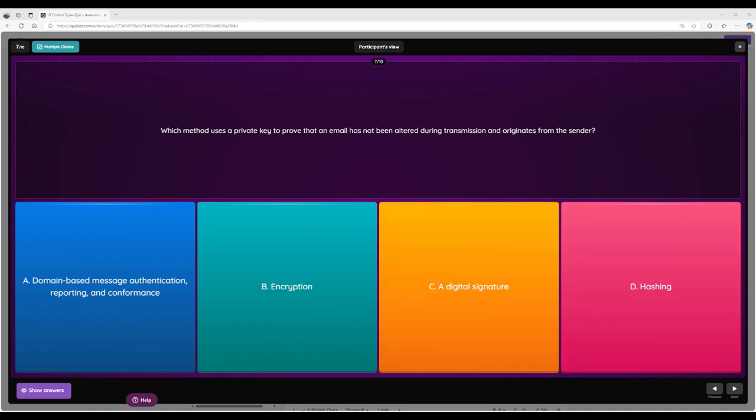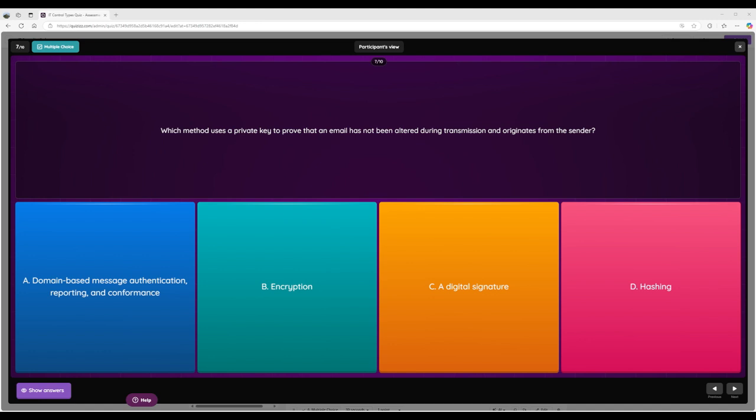So when someone sends you a digital signature, it's to make sure nothing has been altered with. Because the digital signature uses a private key to sign the mail. This ensures integrity and the origin.